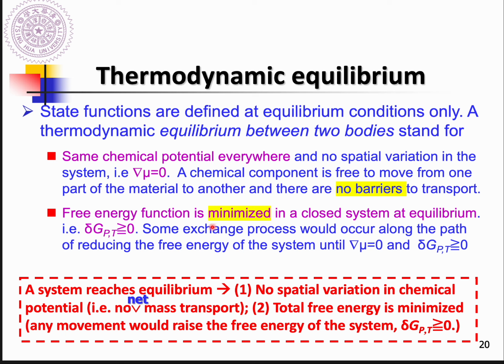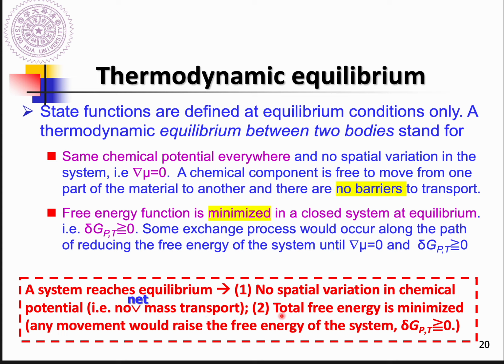The second part is that the free energy of the system is minimized at the equilibrium state. As we mentioned before, when a system reaches thermodynamic equilibrium, there's no spatial variation in chemical potential. Because the chemical potential is the same everywhere, there's no net mass transport.